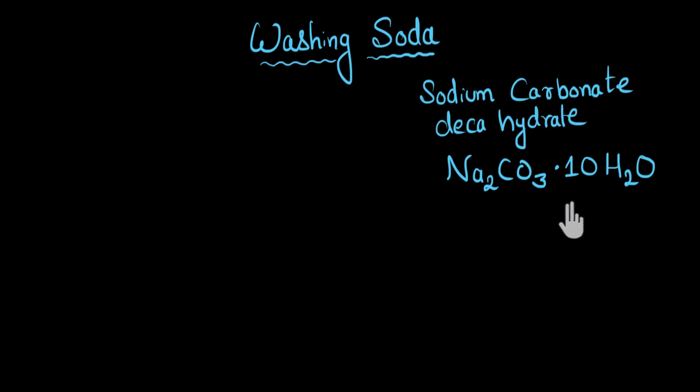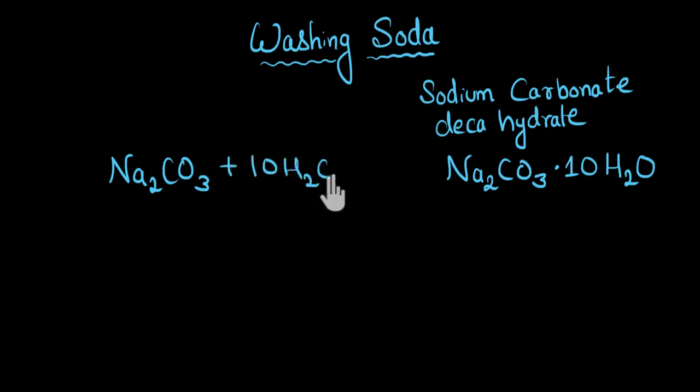Now let's see how to make it. Technically speaking, if you have sodium carbonate, Na2CO3, and you add 10 molecules of H2O to it, you should get your washing soda, right? But you might be wondering, how do I get Na2CO3? For this, we take the help of baking soda.